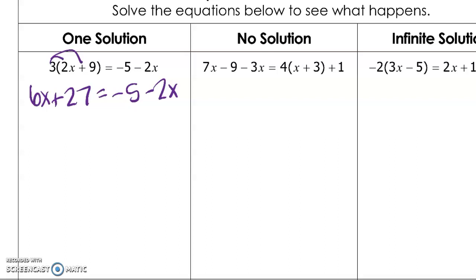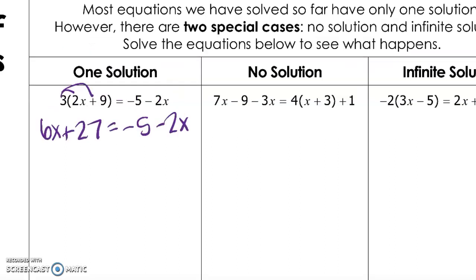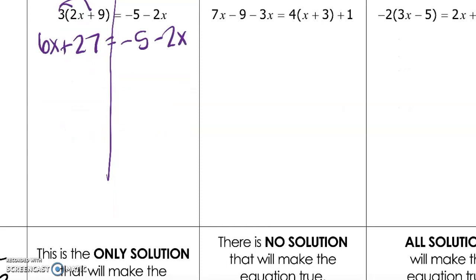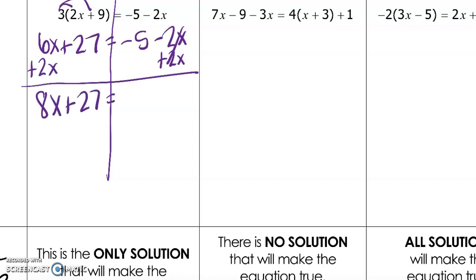We don't have that here, so we don't need to worry about that. Once you're down to four terms, it's easiest to always take the variable on the right and move it to the left. Moving from side to side means add or subtract. So to get rid of -2x, I would have to plus 2x to cancel it. I get 8x plus 27 is equal to -5.